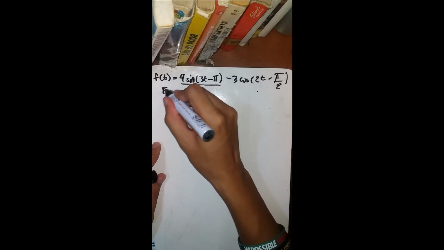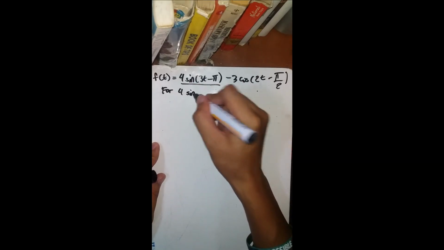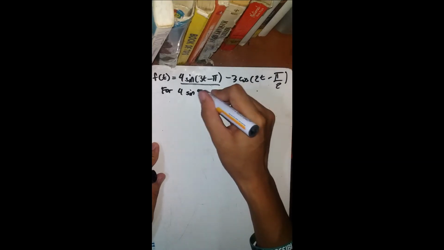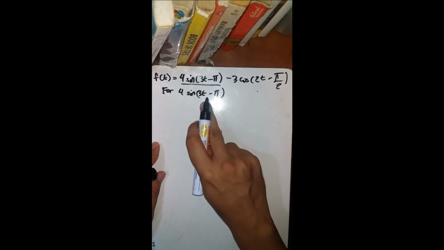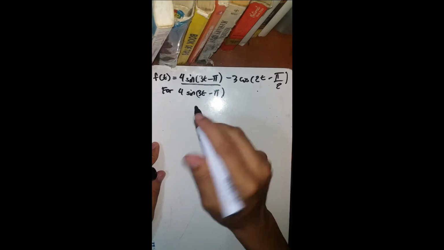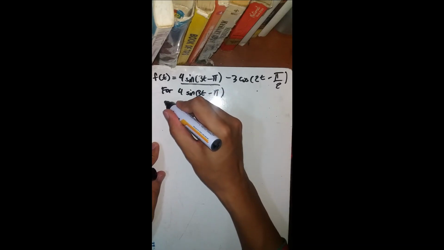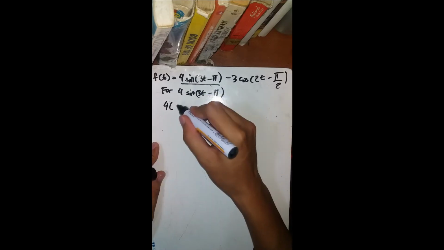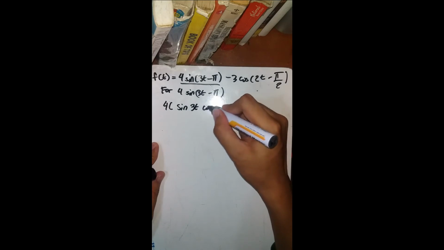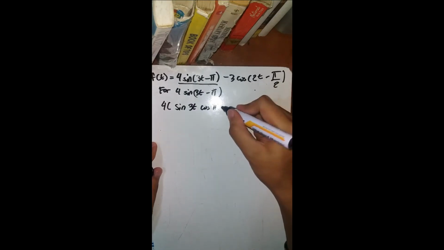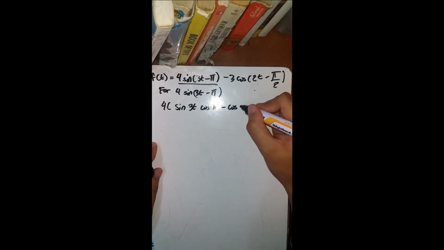So 4 sine of (3t minus pi) is actually your identity. This will expand: 4 times sine 3t times cos pi minus cos 3t times sine of pi.